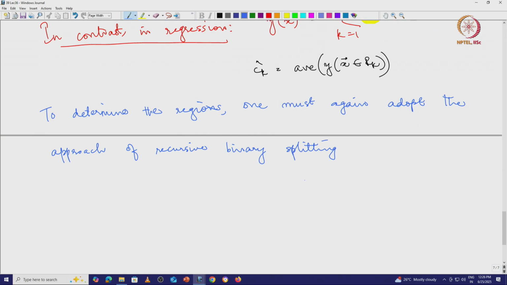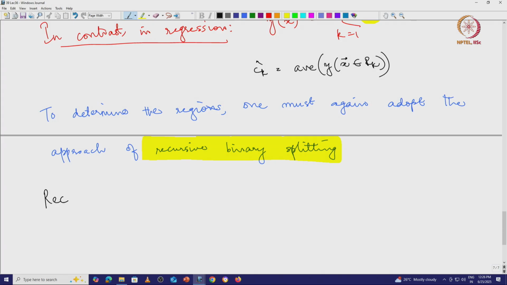So if you remember, what we had done in recursive binary splitting was that at each stage we minimized the error that was being made by splitting the tree into two parts. So we had split the tree into a left part and a right part, and we were trying to minimize the error that was made, and that gave us the combination of the optimal feature and cut point.